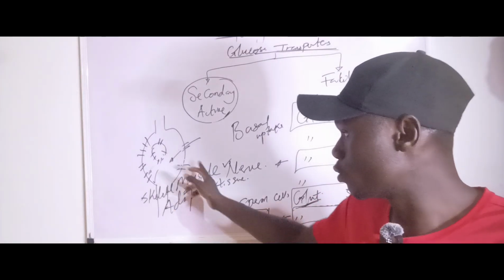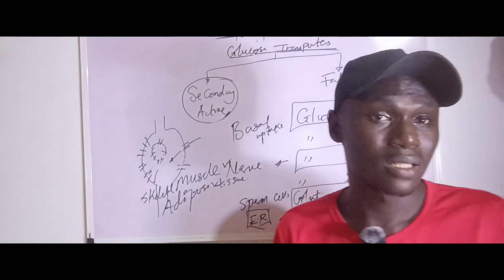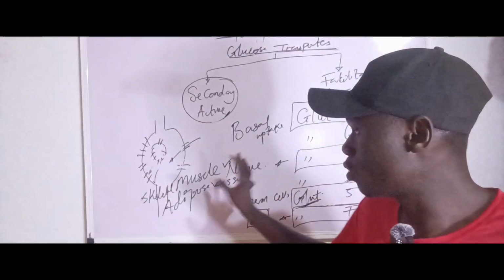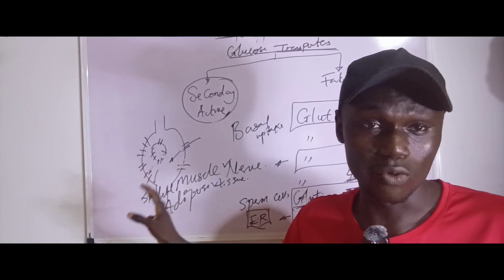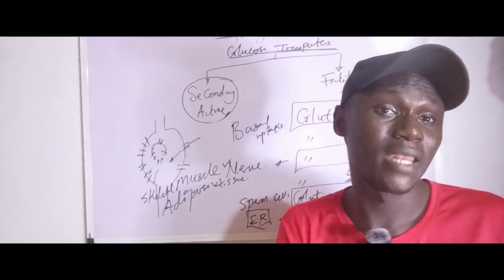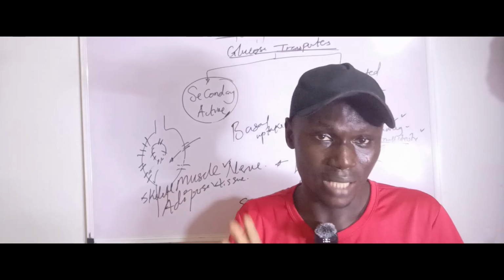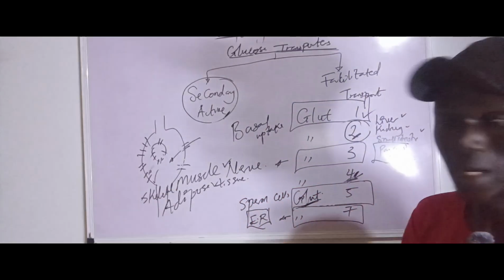This is what actually goes wrong in a type 2 diabetic patient. They are no longer sensitive to insulin. That's why the glucose level keeps piling up in the blood, leading to all the complications you know about diabetes. Is that clear now? All right. So that is for that.